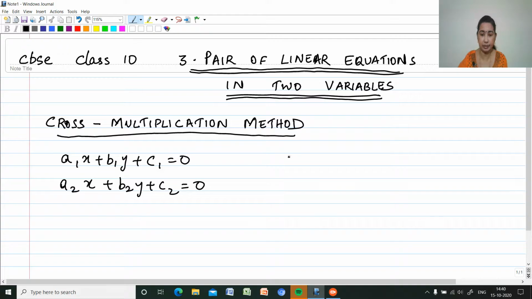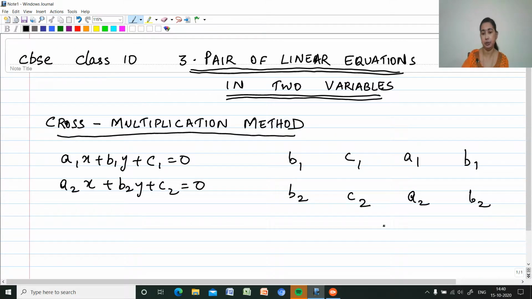Then we take c1, c2, then again the first, a1, a2. So we write B1, B2, C1, C2, A1, A2, then B1, B2 again.